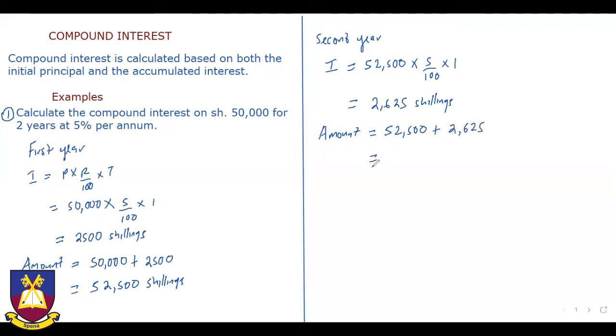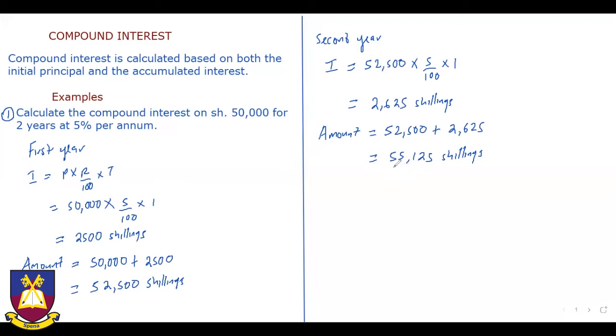And that gives us 55,125 shillings. So the amount at the end of 2 years will be this one.